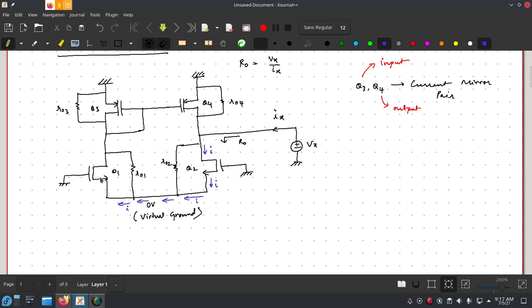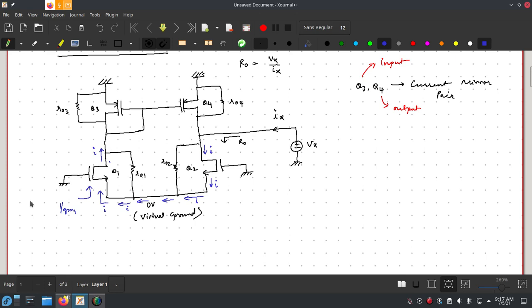Once it reaches the source of Q1, if you look in this direction, the impedance seen is 1 by GM1. Remember, the impedance seen at the source is 1 by GM, actually 1 by GM plus GMB. Here we are assuming GMB to be 0, which is obviously a very small resistance. So the same current I will also be seen here.